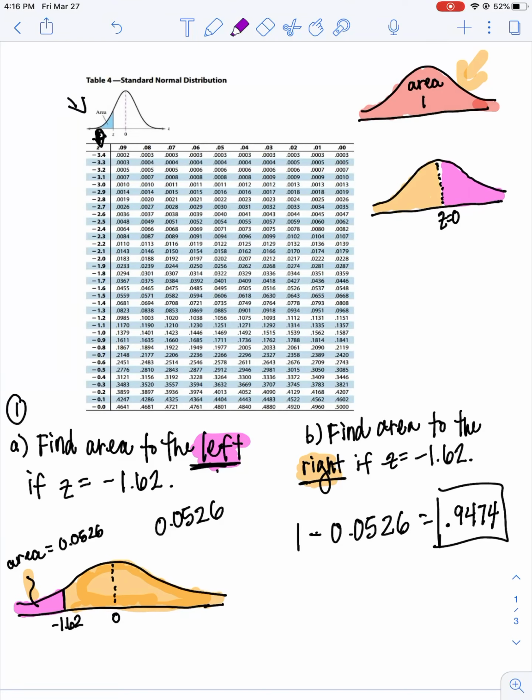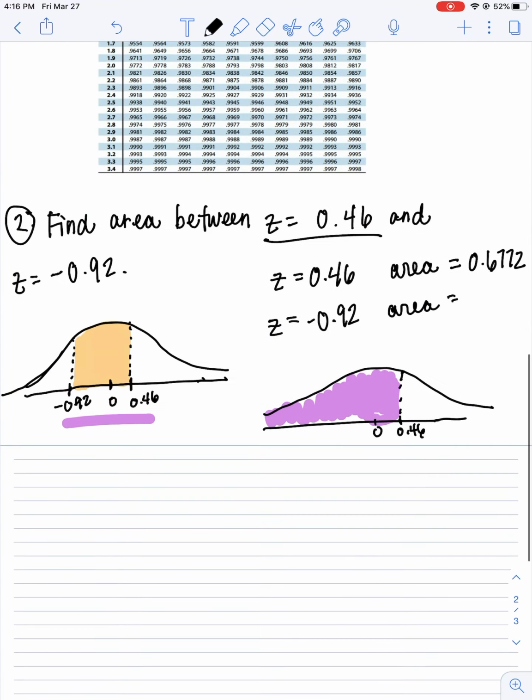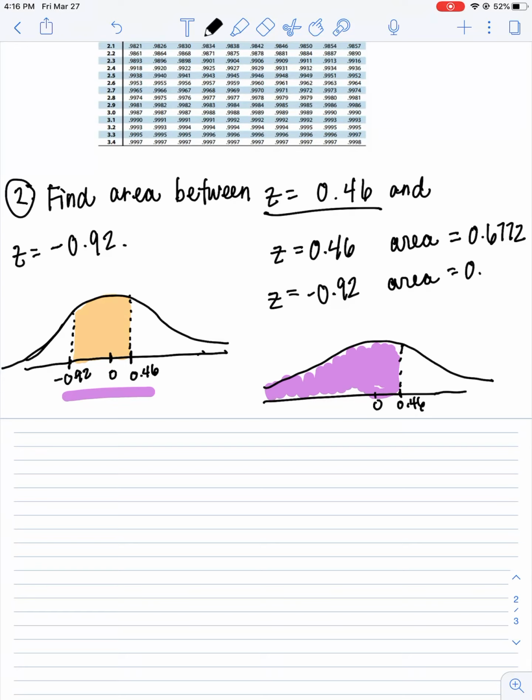Go back to the negative side, negative 0.92. So let me get my highlighter out. Negative 0.9 is right here. Roll over to the 2. There's the 2. So that corresponds to this number right here, 0.1788.